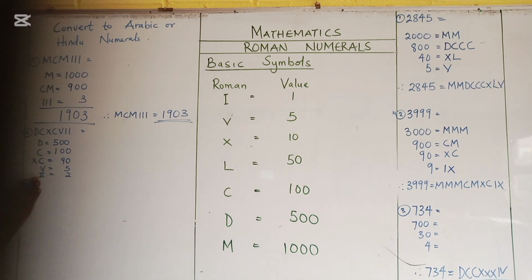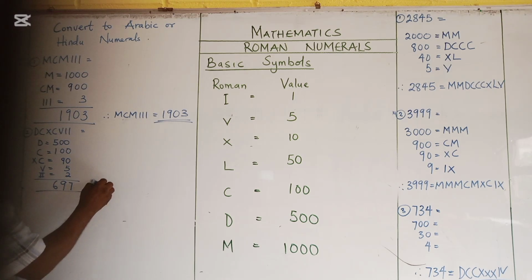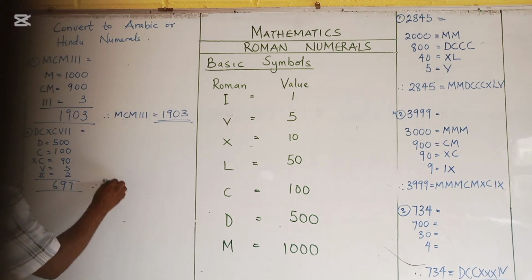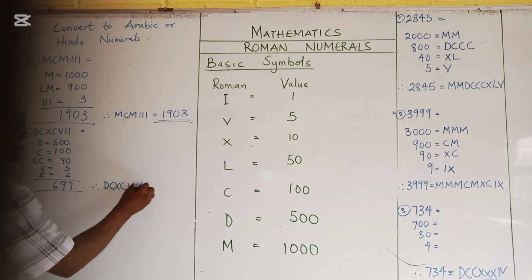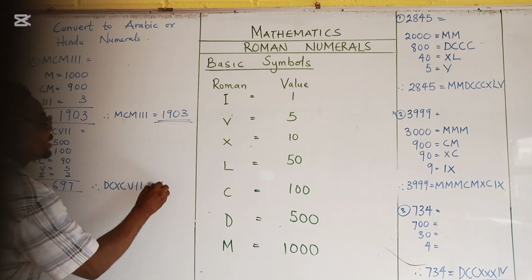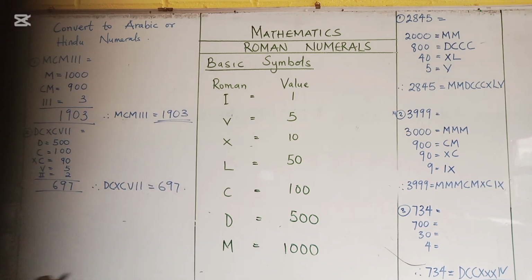So class, when we add these ones together, this one gives us 7, this one gives us 9, and this is 6. So therefore, DCXCVII is equal to 697.